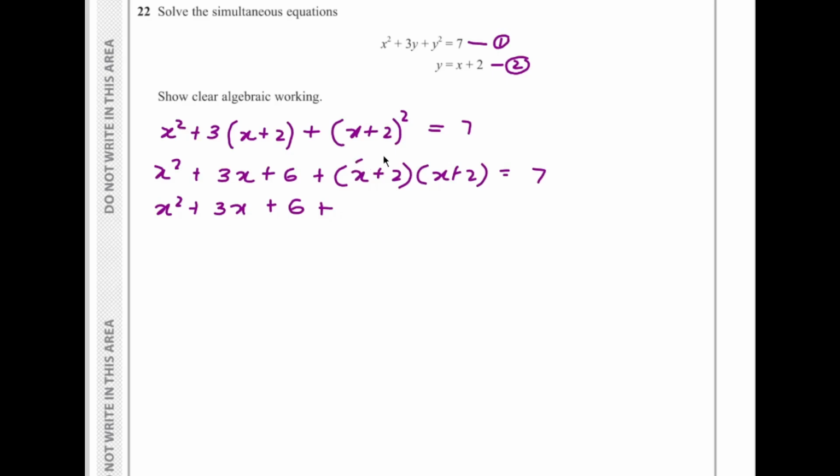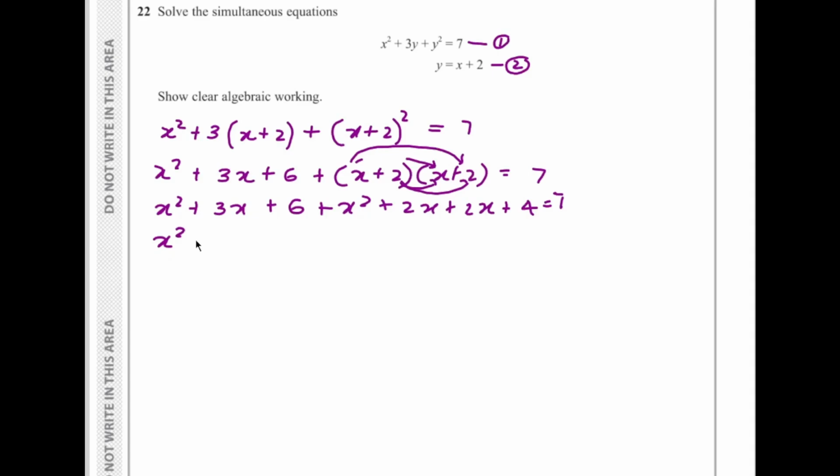Simplify: x squared plus 3x plus 6. Here, x into x is x squared. After that, x into 2 is 2x. Here 2 into x, 2x again. And finally 2 into 2, which is 4, equals 7.